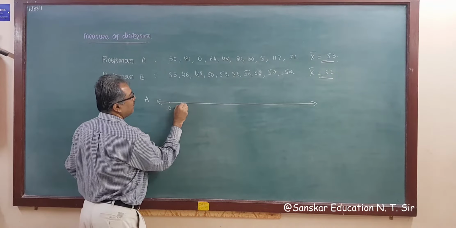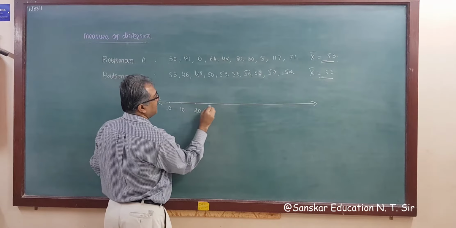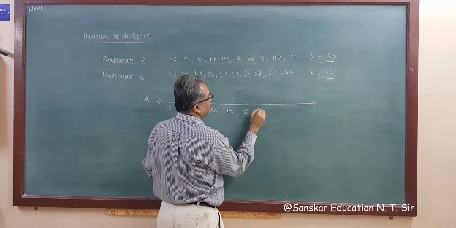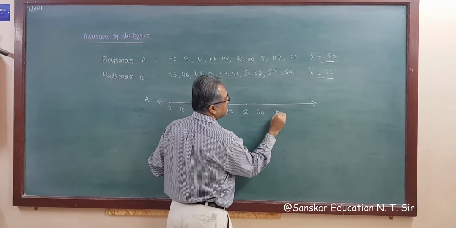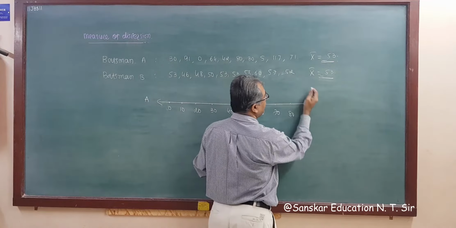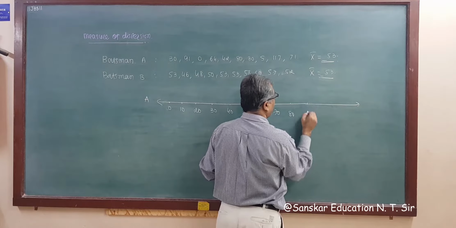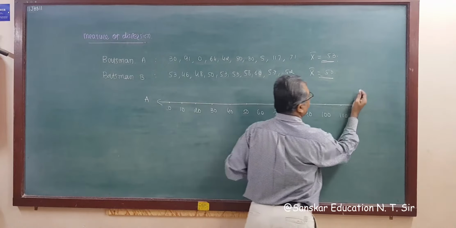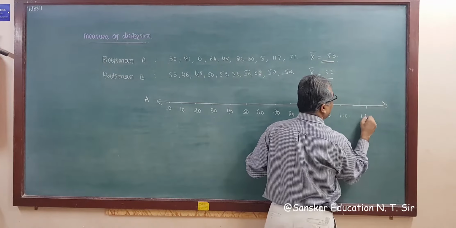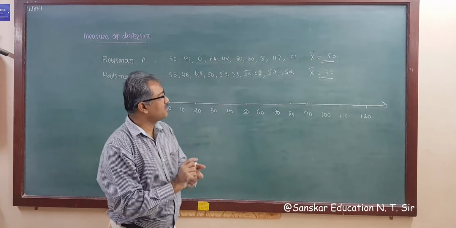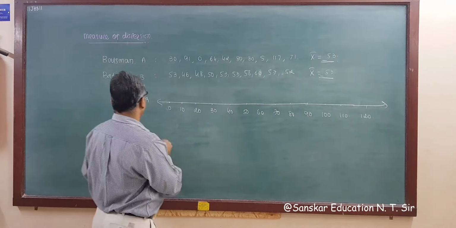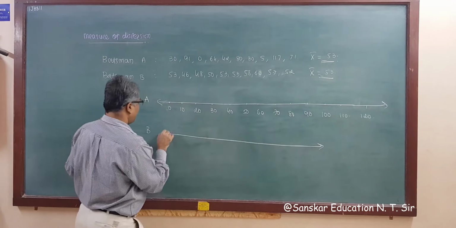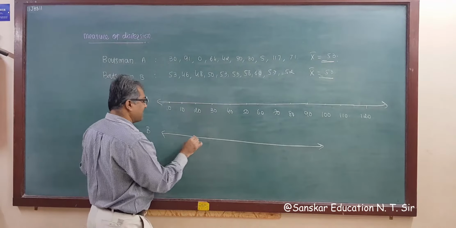So 0, 10, 20, 30, 40, 50, 60, 70, 80, 90, 100, 110, and then 120, because the maximum observation score is 117. And for batsman B, if we draw a graph, the minimum is this, so we can start with 40 here.